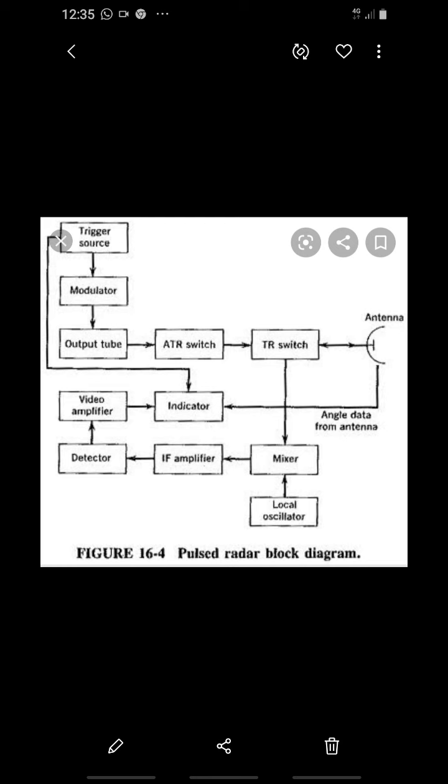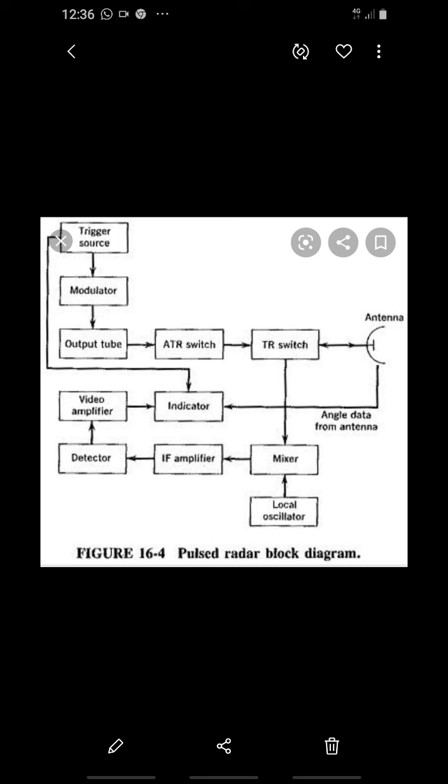Now explain about the trigger source. It provides pulses for the modulator. It is also called a synchronizer. Pulse modulator: this is used to switch on and switch off, and to produce high frequency rectangular pulses.